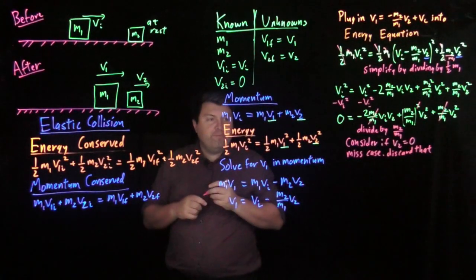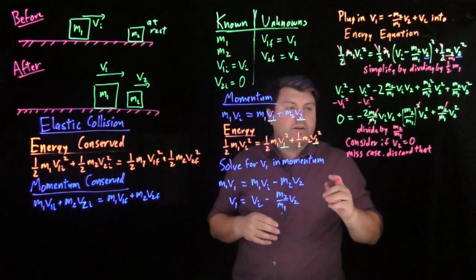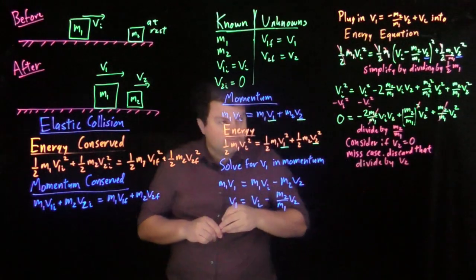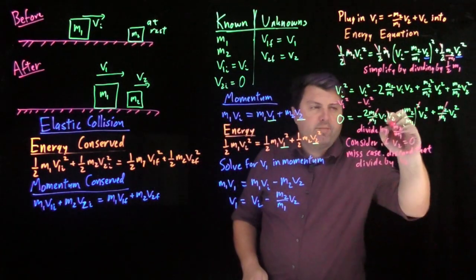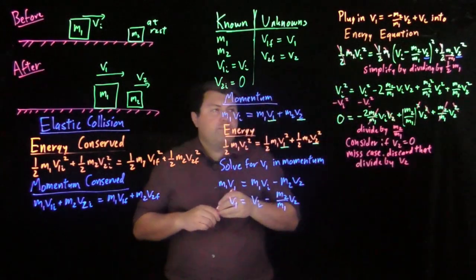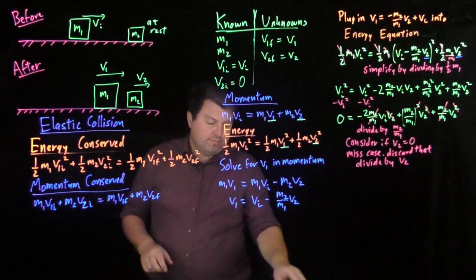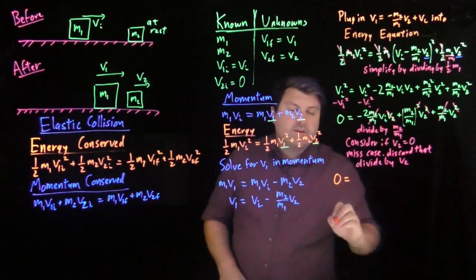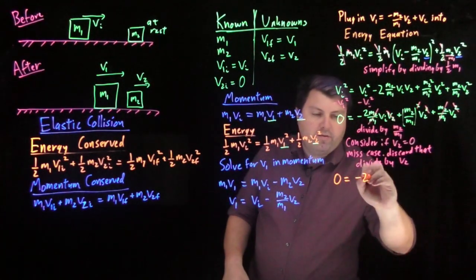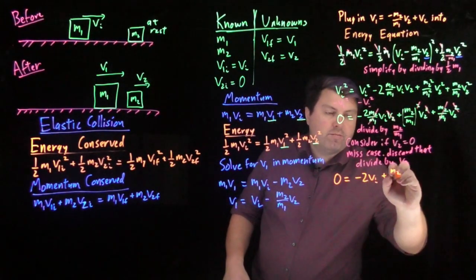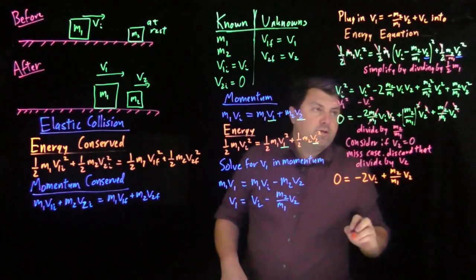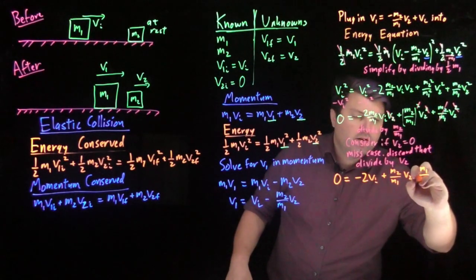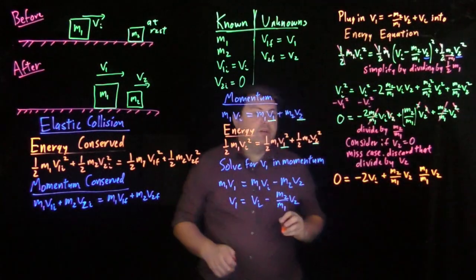Right, it's super trivial. If we can discard that, then we can treat V2 as not being 0, and then we can divide by V2. Again, we try not to divide by V2 whenever we can, because otherwise we're dividing by 0. And if we do this, now that we've done all of this, let's rewrite it. So we have 0 is equal to negative 2 V1 plus M2 over M1 V2, and I can write this 1 as M1 over M1 V2.